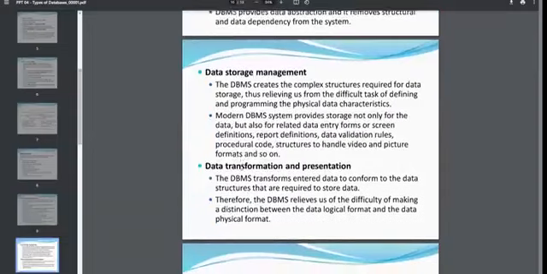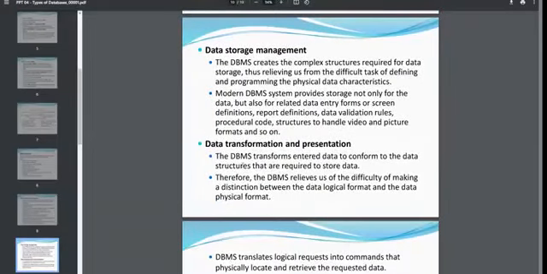Data storage management. It can store multiple forms of data, maybe files, forms, or multimedia, and they can be managed in a proper way.